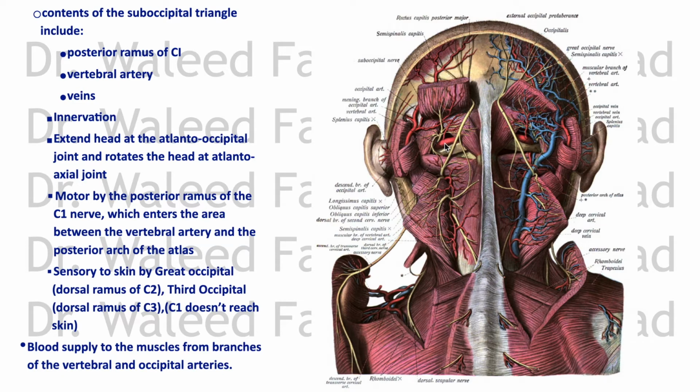Whatever they bring you in the exam, it should be beneath the third part of the artery, not above it. This is a mistake. So remember, you have the third part of the artery sandwiching the posterior ramus of C1 between it and the posterior arch of the atlas.